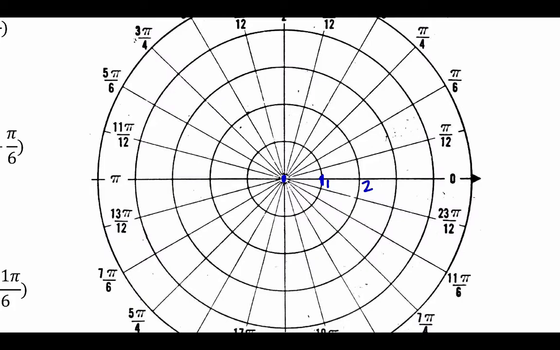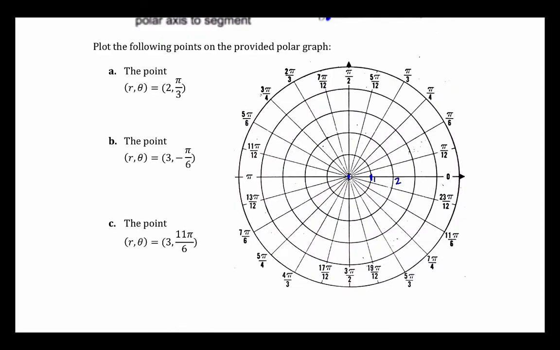So for this circle here, that whole circle has a radius of 1, this whole circle has a radius of 2, etc. So if we're at the point 2, we're going to go out to that second radius, and then pi over 3, we're going to rotate up to that angle pi over 3 and draw a point there. So that is where point A is.